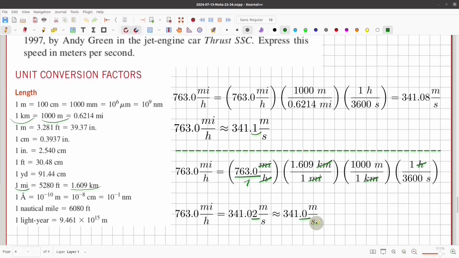This discrepancy can be explained by considering the precision with which we initially stated the conversion factors, at least for the inexact values. By using more precise values for our conversion factors, we should get results that are even closer, and that is exactly what we will explore in the next part.